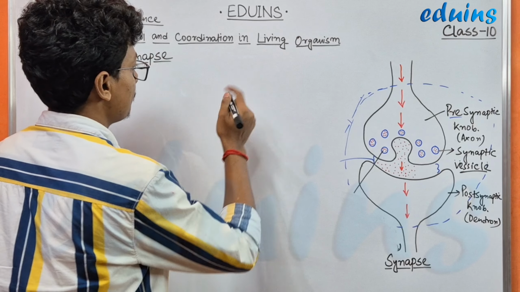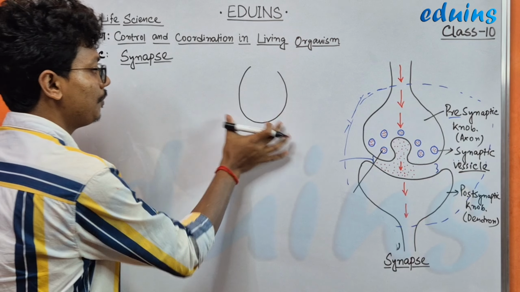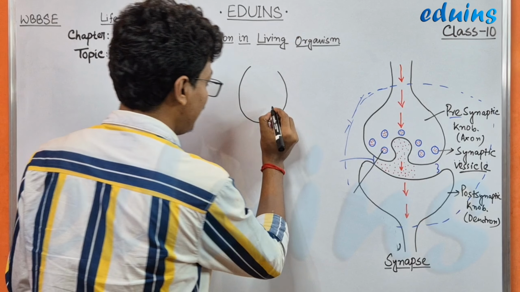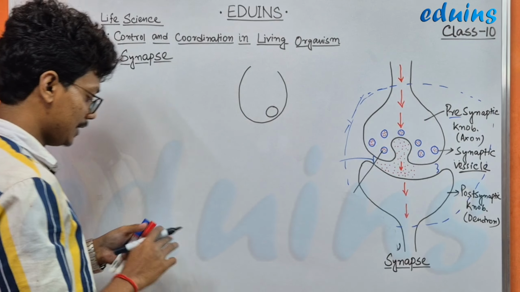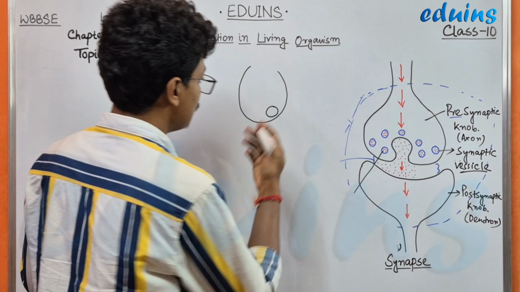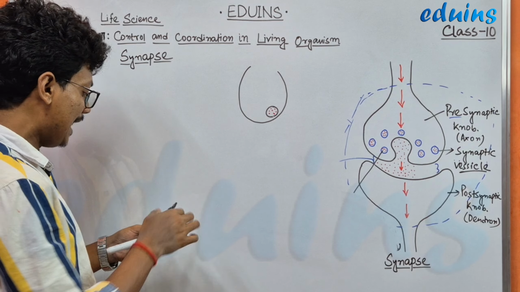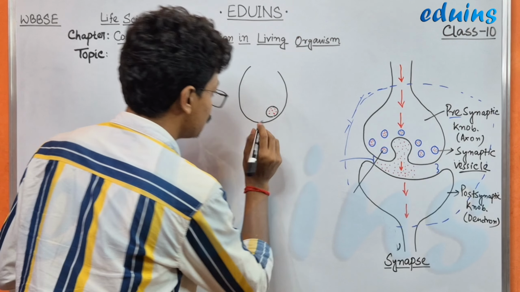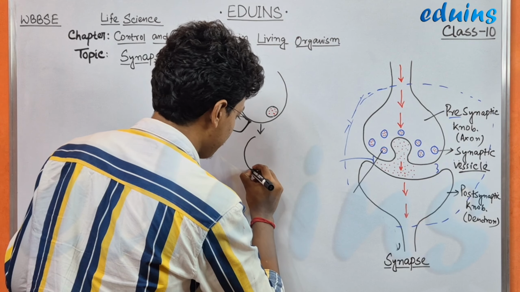Suppose this is the part of the presynaptic knob and this is the vesicle, that is the synaptic vesicle, which contains the neurotransmitter. Then it fuses with the membrane of the presynaptic knob. How?